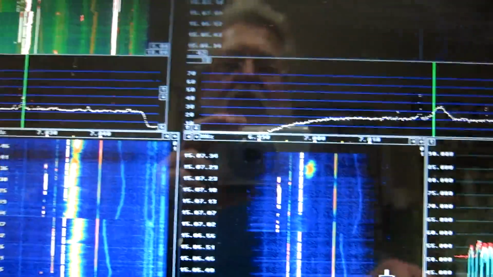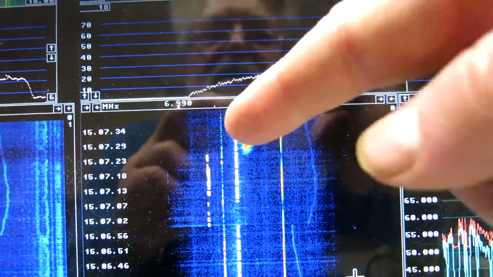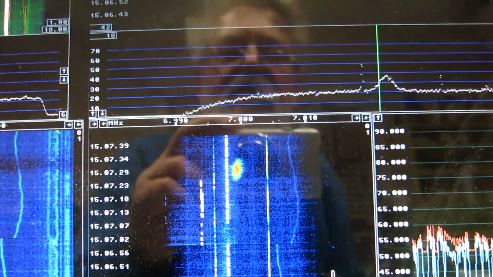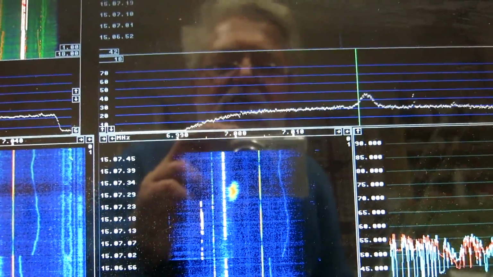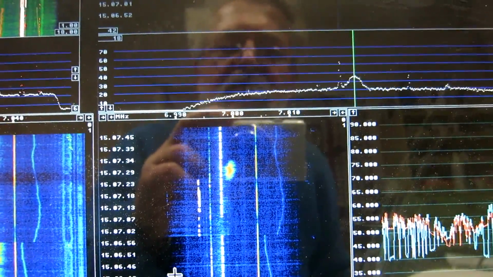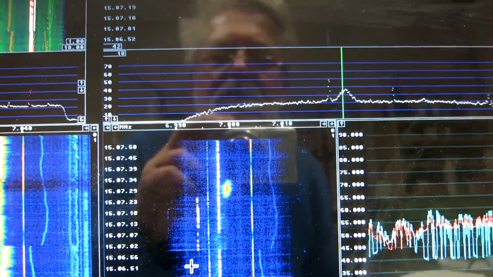Sorry, that was meaningless. I should have looked here. You can see the interference is coming up and the noise floor is not going down. The reason is, of course, that the polarization angle changes at that point in time.